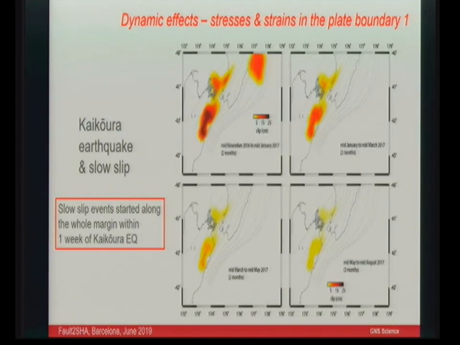The dynamic effects we need to worry about, we know that there were dynamic effects from this earthquake. There was tremor, and slow slip events were triggered throughout the Hikurangi subduction margin from this earthquake, at 500 kilometres away. For the first time ever, we saw all of the slow slip patches in the Hikurangi margin light up within 1 week of the Kaikoura earthquake.